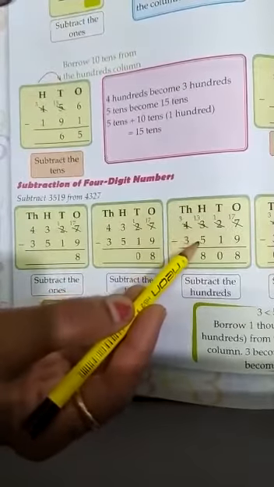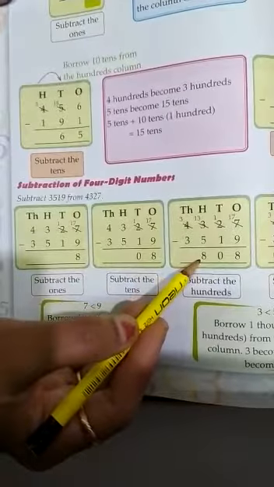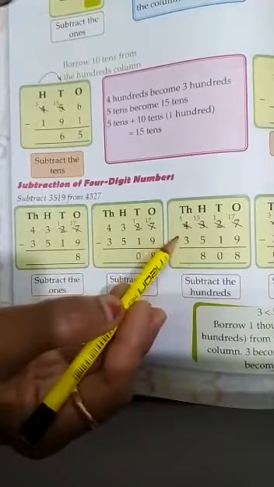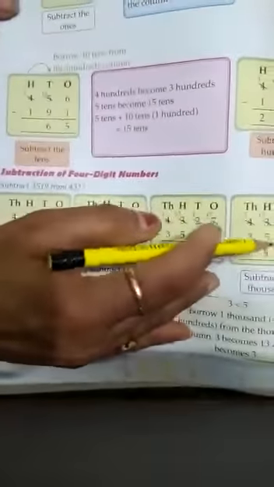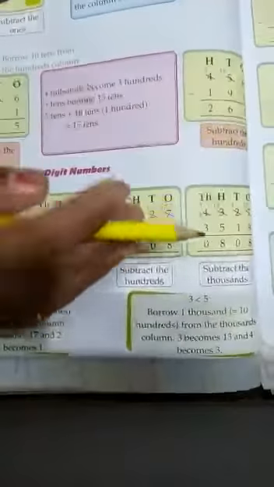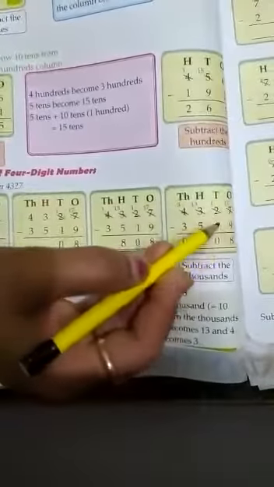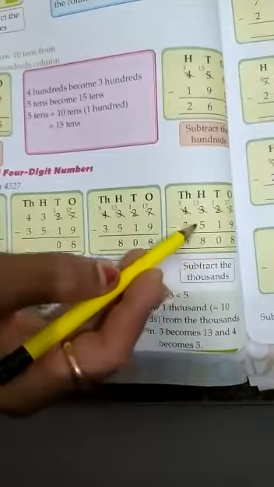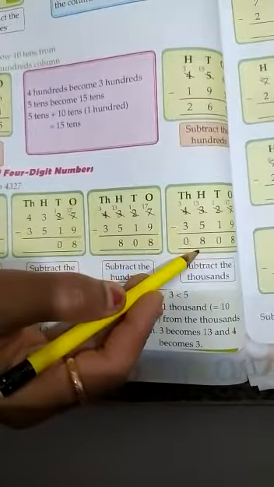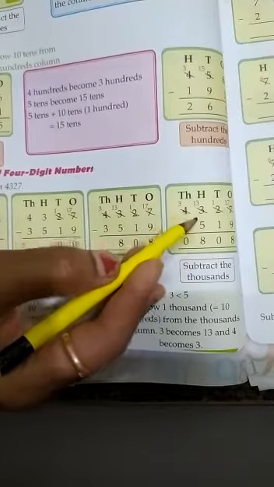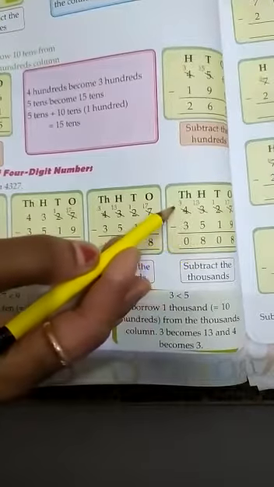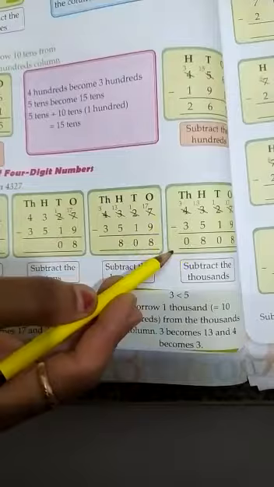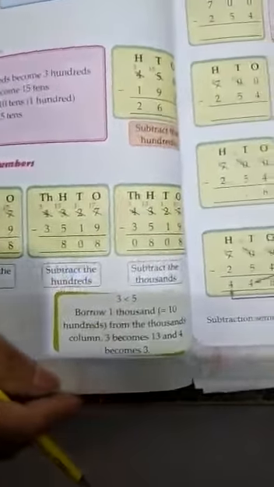From 13 you can subtract 5. You will get answer 8. 3 minus 3, 0. This way you can subtract a 4-digit number.